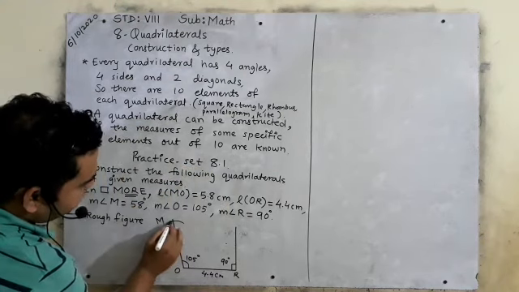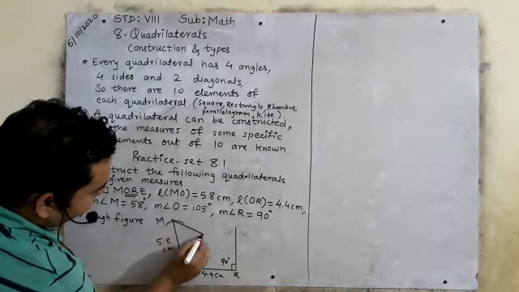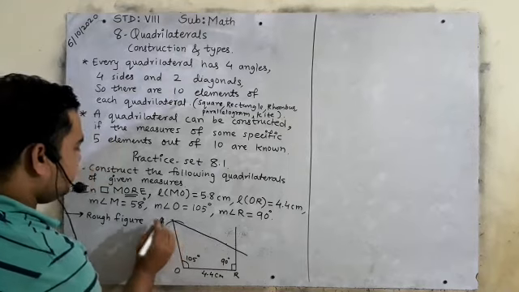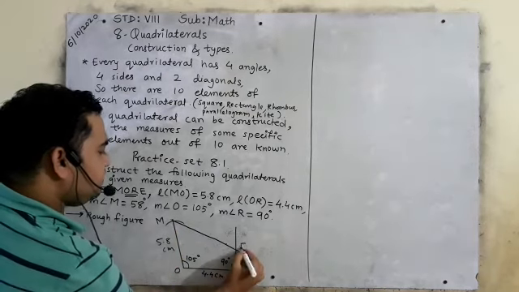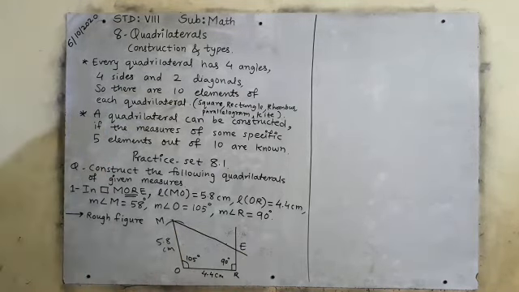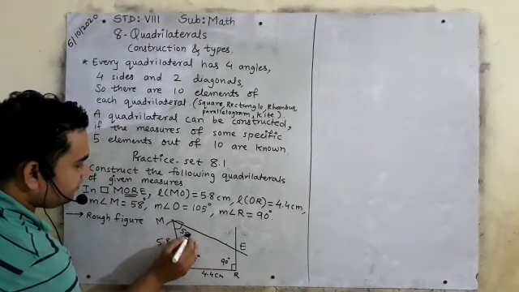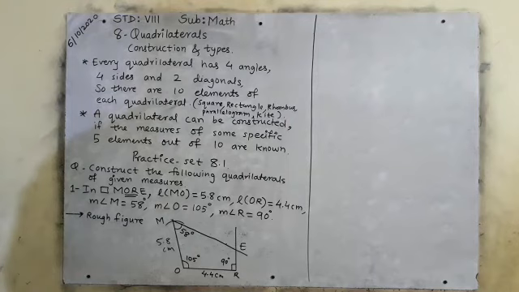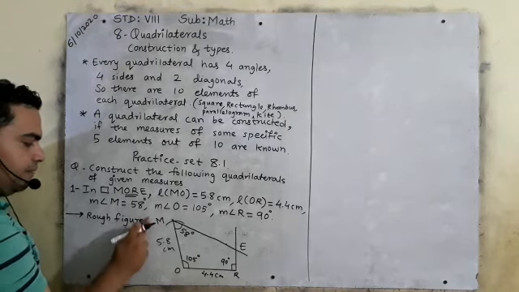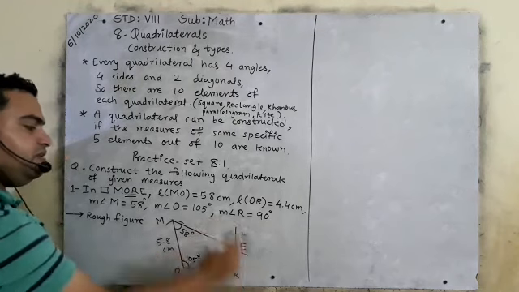Okay, so like this you will join, this is M O R and this will be E. Is it clear? So this is how M is 58 degree. So this is how we have to construct a quadrilateral. So always start the first letter here, M O R E. It will be very easy.